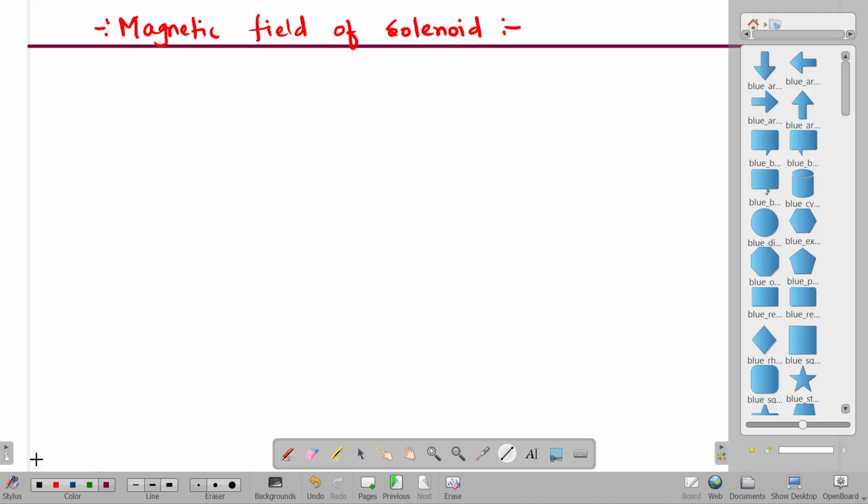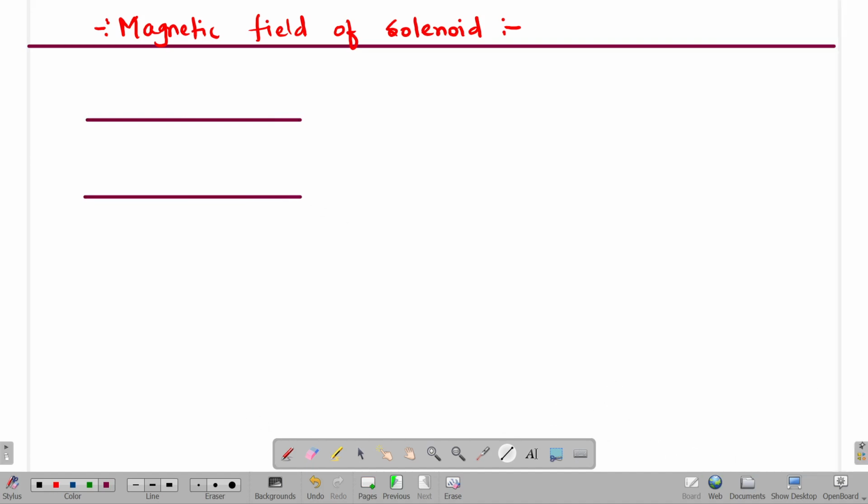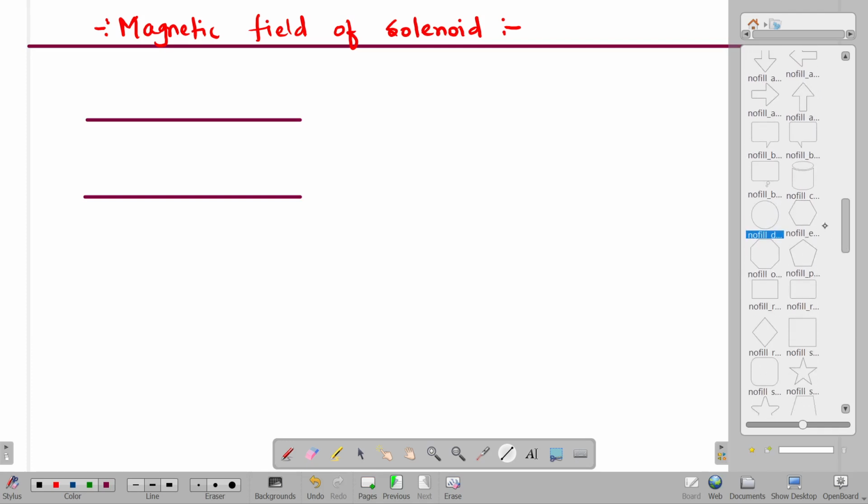First thing you should remember is that a solenoid is based on a circular kind of ring material. Are you able to get me or not? It is like this.